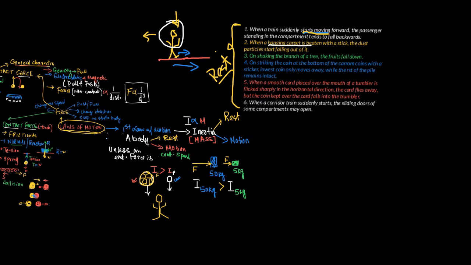So the fourth point is, on striking the coin at the bottom of a pile of carom coins with a striker, the lowest coin moves away, and the rest of the pile will remain intact. If I try to draw it, let's say this was your first, the red one on top, and then we have one white, one green.